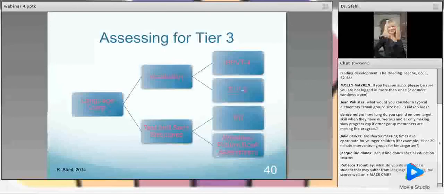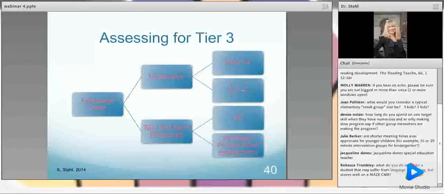Simply saying this is satisfactory or unsatisfactory does not cut it. You must analyze the idea units that that child is telling you in both narrative and informational text. What parts are they noticing? What parts are they telling you spontaneously? What parts can they tell you with prompting? So these are two assessments that you would want to employ, all right?